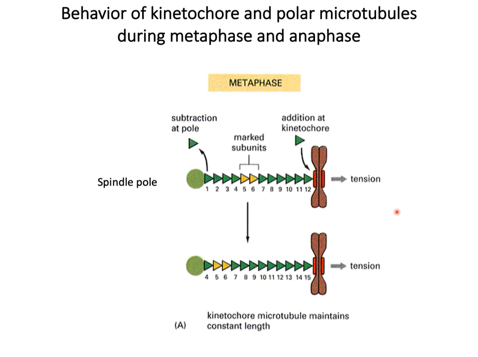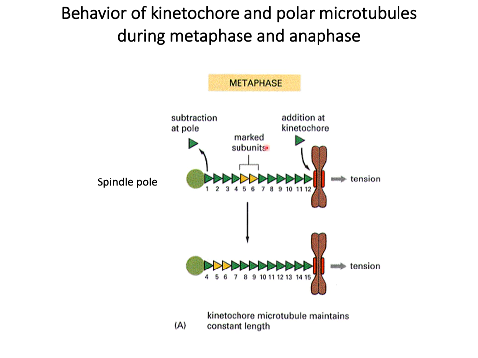Okay, so let's look at the behavior of these microtubules during metaphase and anaphase. During metaphase, the kinetochore microtubules, in other words, those that are interacting with the chromosomes, maintain a constant length. So these chromosomes are aligned in the middle of the cell. So you might imagine that this is a static structure, but in fact, it is not.